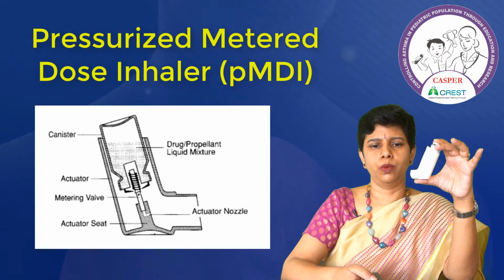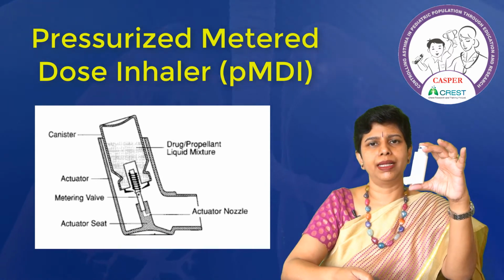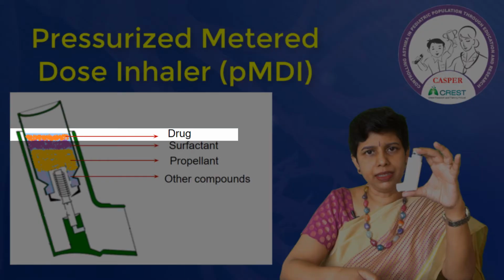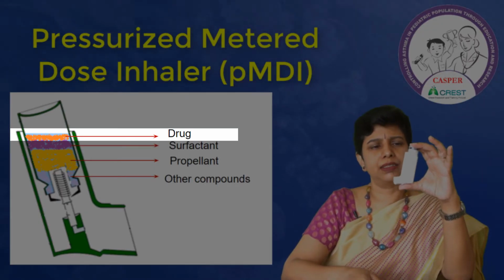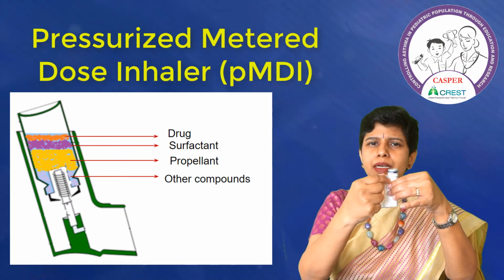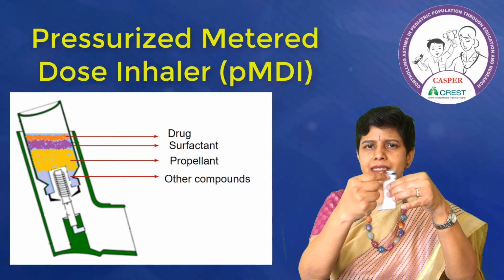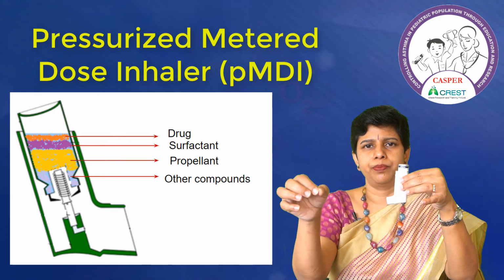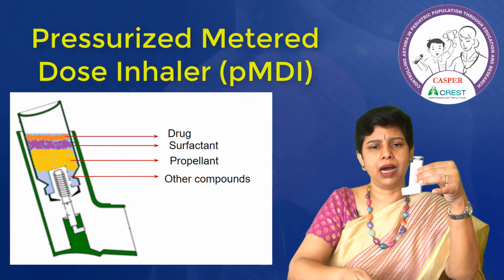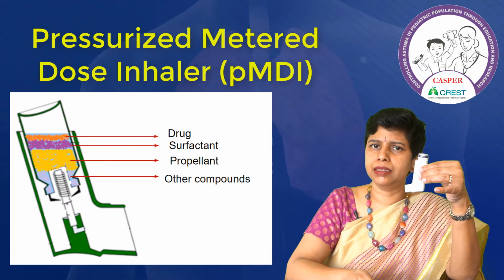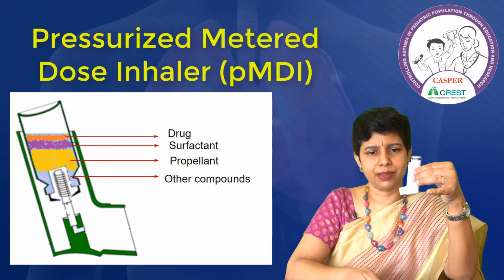Now we should know that in this canister the drug is very little. Suppose this canister is of 14 ml, the drug in this canister is just about 0.8 to 1 ml. The remaining are surfactant, propellant and other compounds like stabilizers.